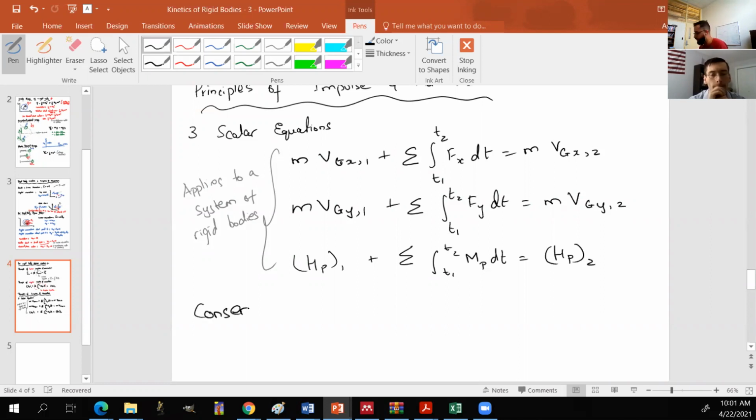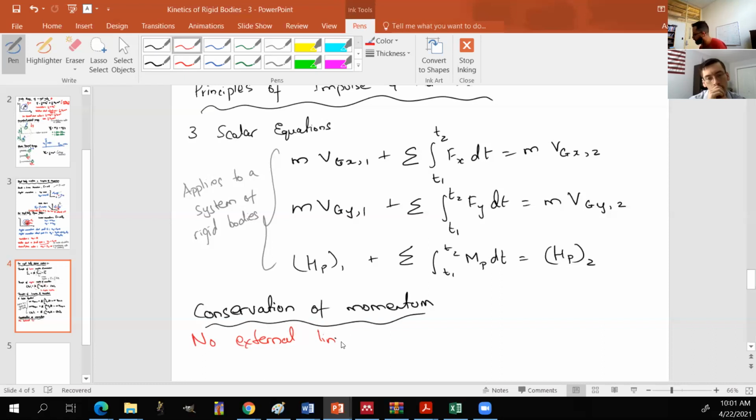So when you're looking at conservation of momentum, if there's no external linear impulse, then your linear momentum in position 1 is equal to your linear momentum in position 2.